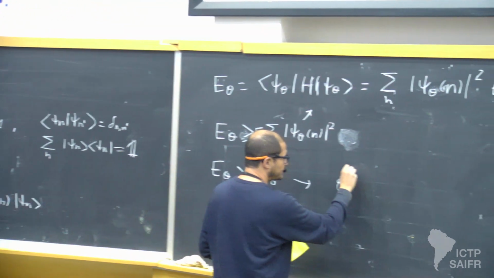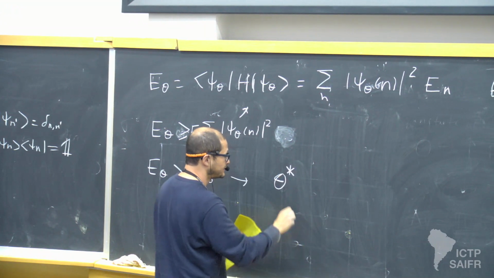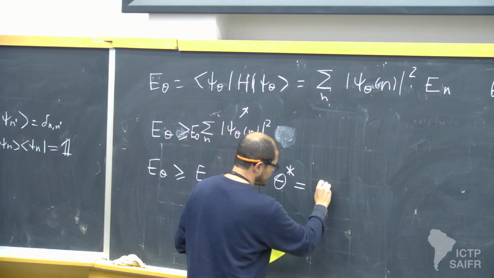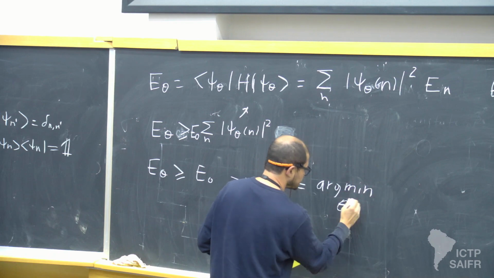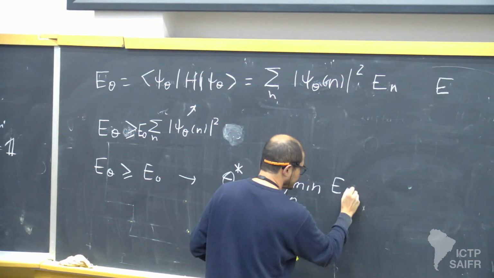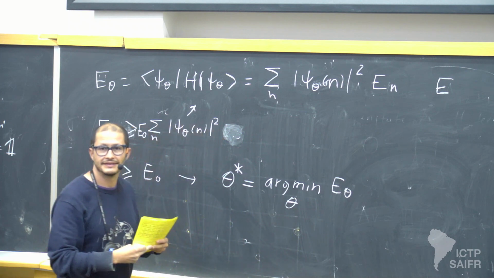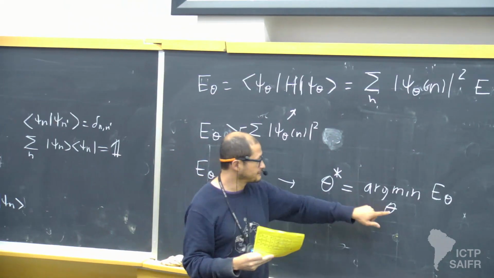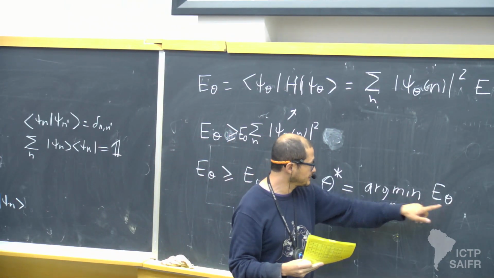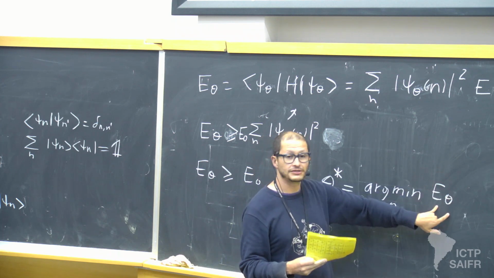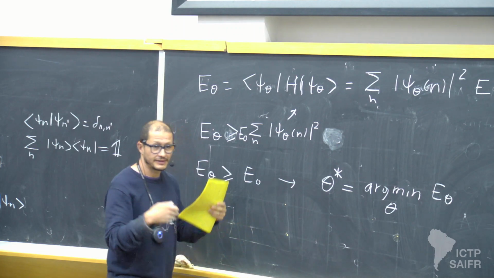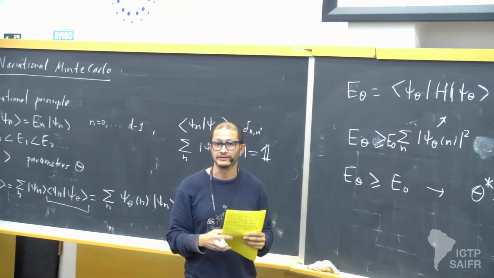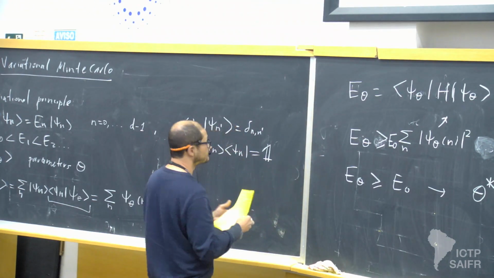We'll find parameters theta such that we minimize E(theta), okay? So this is basically finding the parameter theta such that this function of theta is minimized, and that is the variational principle or the variational method.